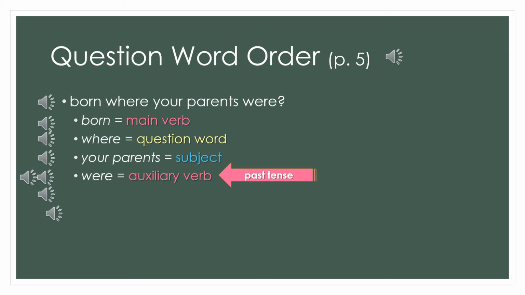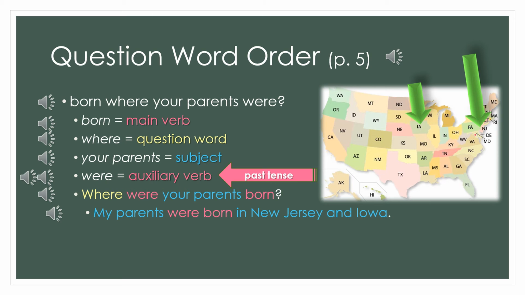Please notice that the auxiliary verb were is in the past tense. So the correct order of the question should be, where were your parents born? That question can be answered with the answer, my parents were born in New Jersey and Iowa.